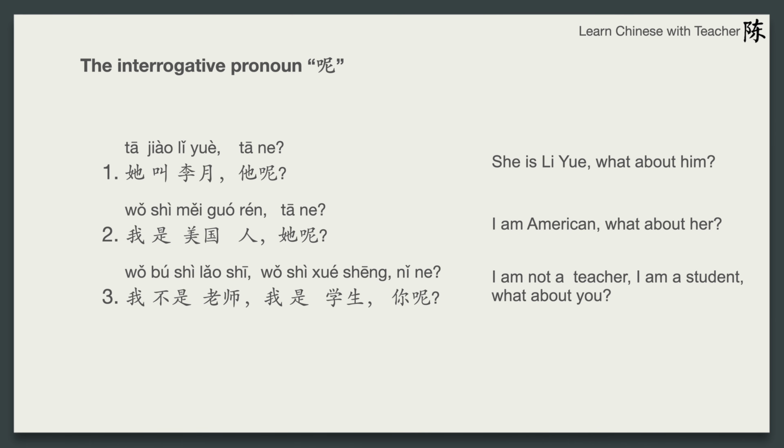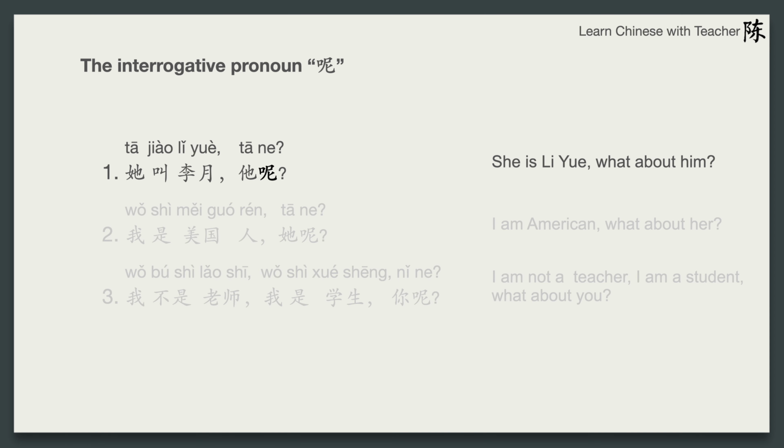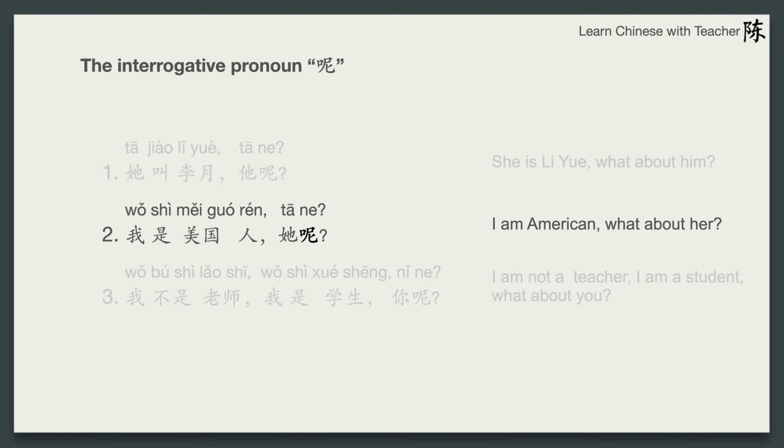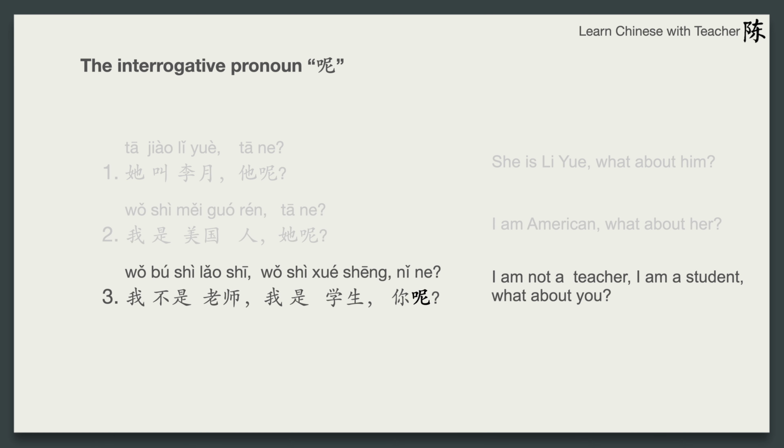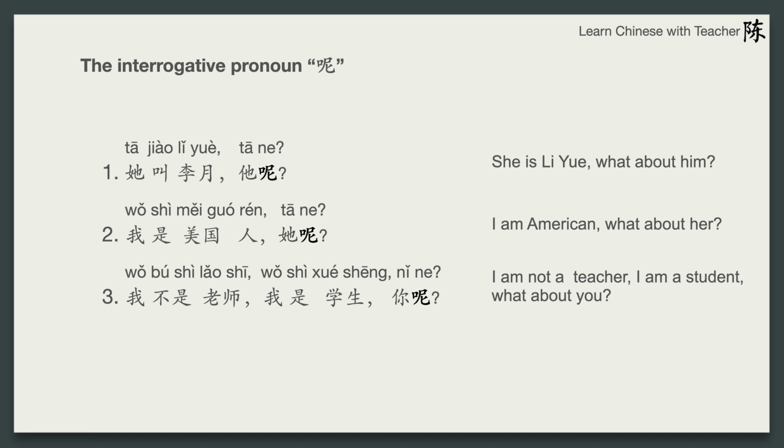The interrogative particle 呢. Let's first read these sentences. 他叫李月，他呢？我是美国人，他呢？我不是老师，我是学生，你呢？ The character 呢 has several meanings.